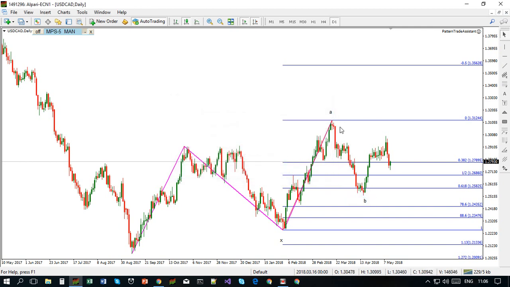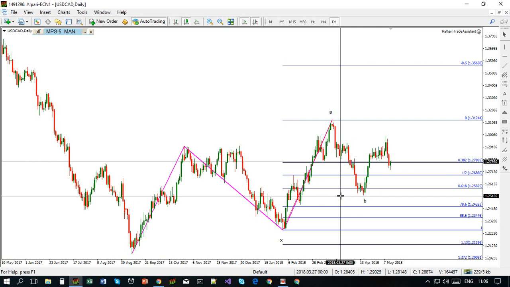The A to B movement should be precise 618 according to the harmonic trading approach. What is actually precise? Right now it is in the middle, but if you measure whether it is closer to 618, something like 56.5 pips, or closer to 786, it is 89.3.